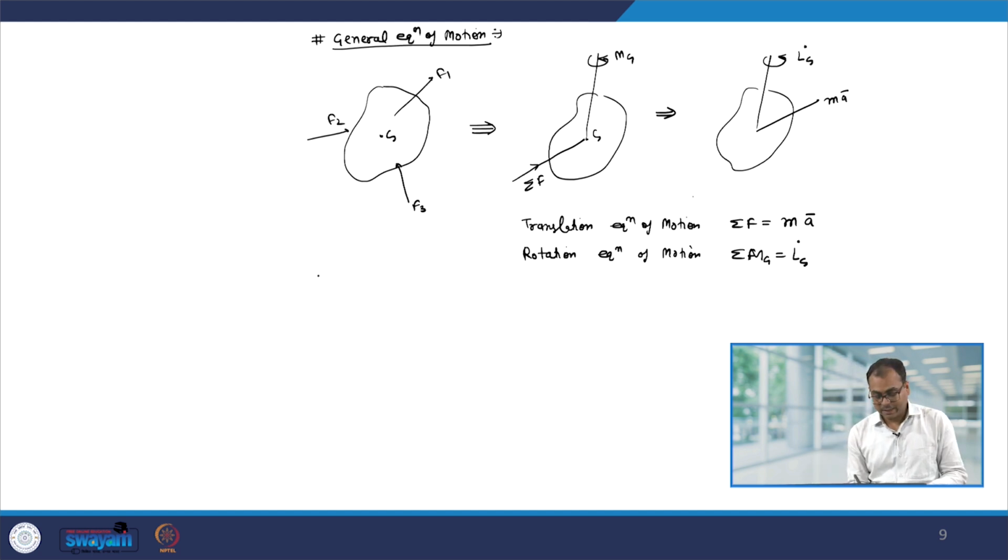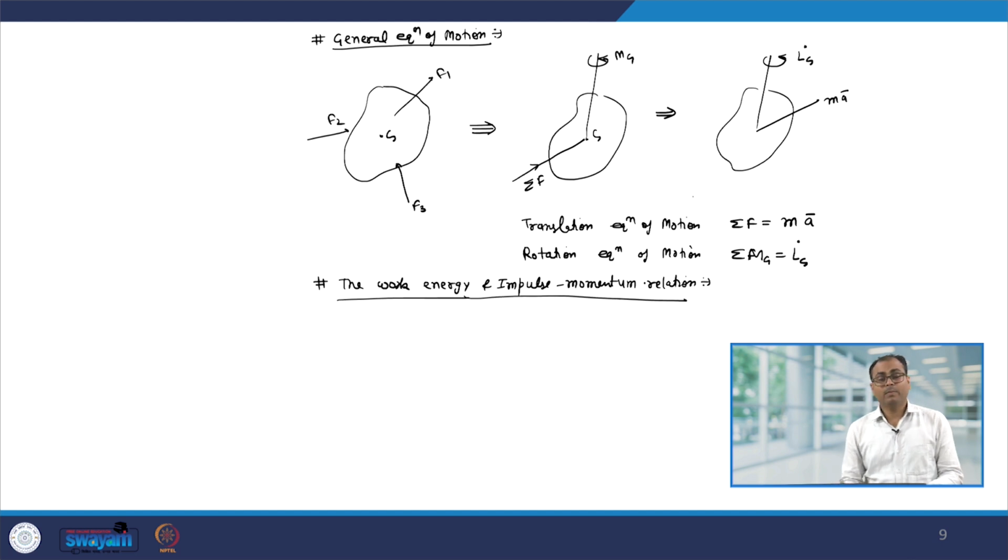We then looked at the work energy and impulse momentum relations for the rigid body. And we saw that their form remains the same as they were for the particle.